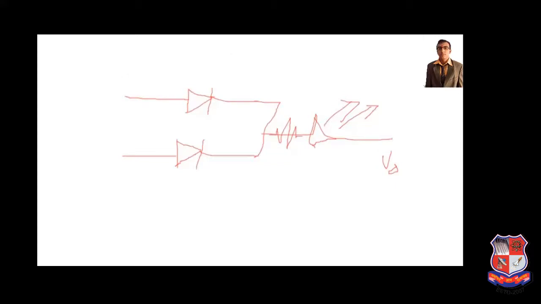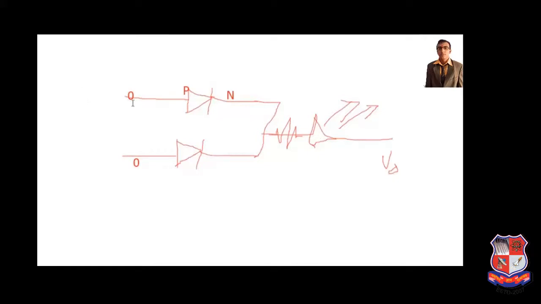Now if we apply 0 volt here, and here also we apply 0 volt. Now 0 volt is applied to the P terminal. Say this is the P terminal and this is known as the N terminal. If we apply 0 voltage here, then the LED will not be able to glow.